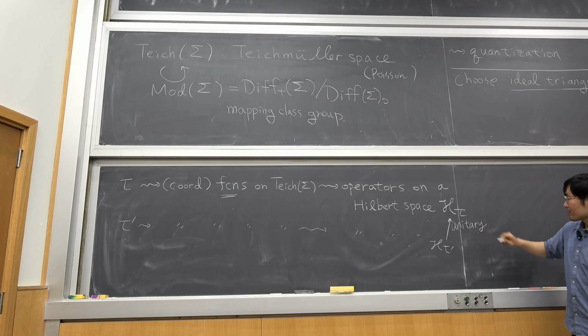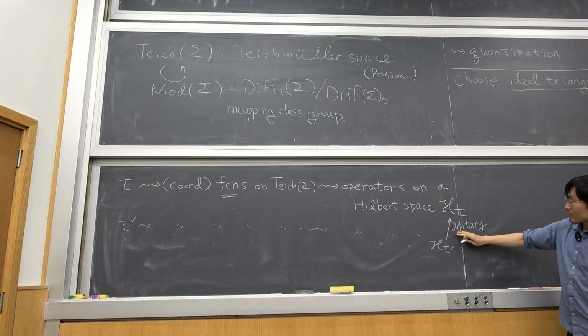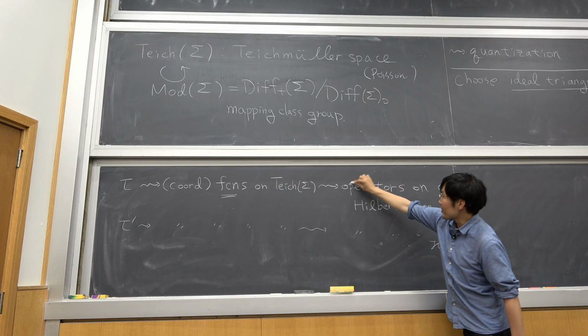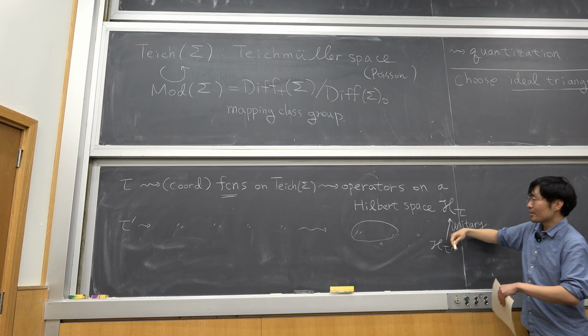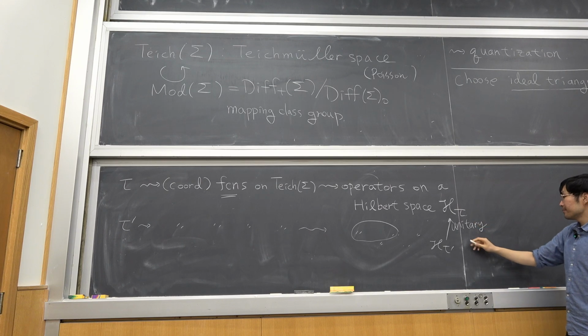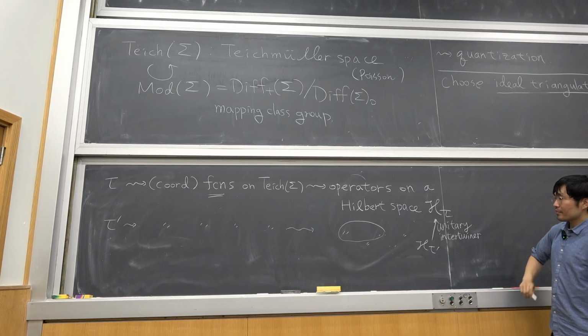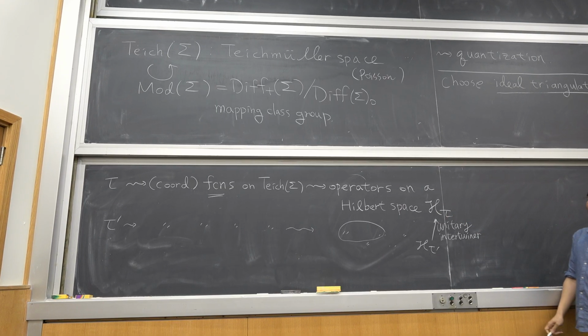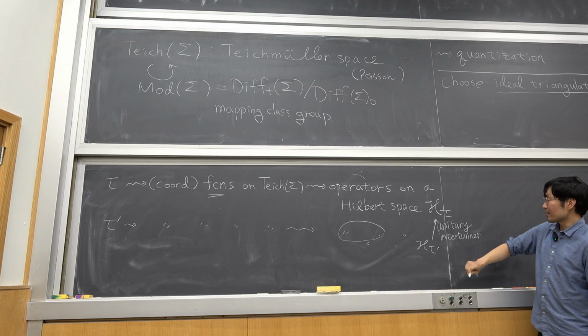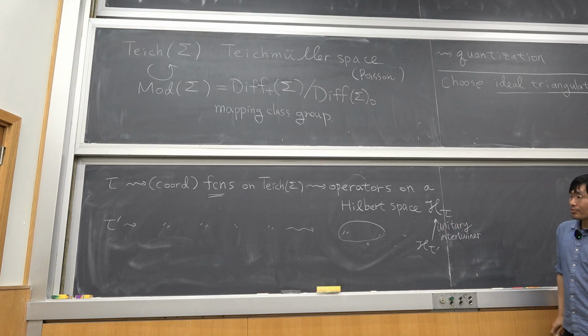So this is what you want to aim for: a unitary map, such that these operators and these operators are sort of conjugated to each other. One way of saying it is that they should intertwine these two operator representations. So a unitary intertwiner is what you want to look for, for every pair of ideal triangulations.